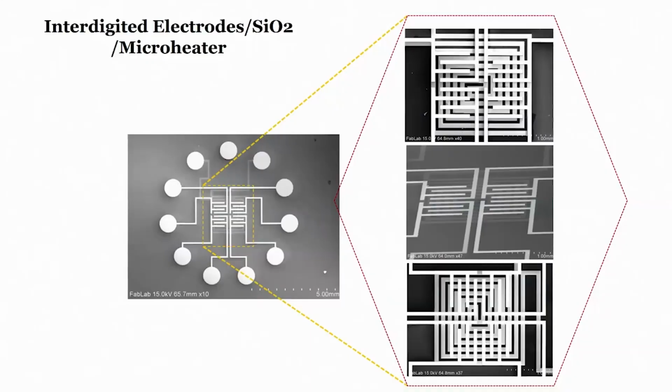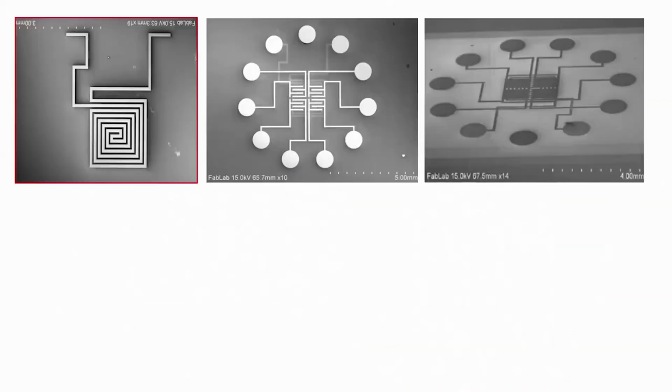If you see the screen, what we discussed last time was interdigitated electrodes over an insulator, and below the insulator there is a micro heater. Until now we have seen how to design a process flow for fabricating a micro heater, and then how to pattern interdigitated electrodes on an insulator.